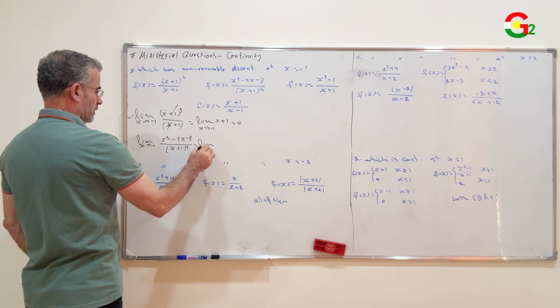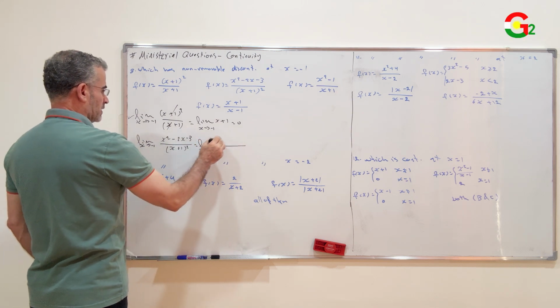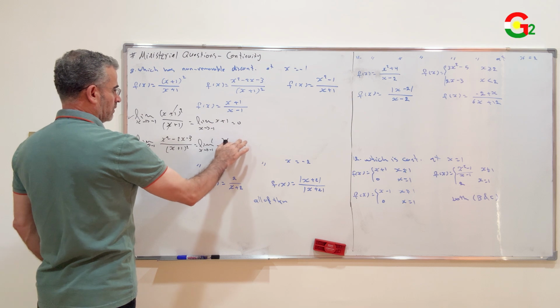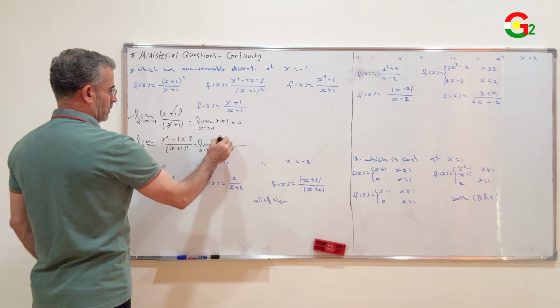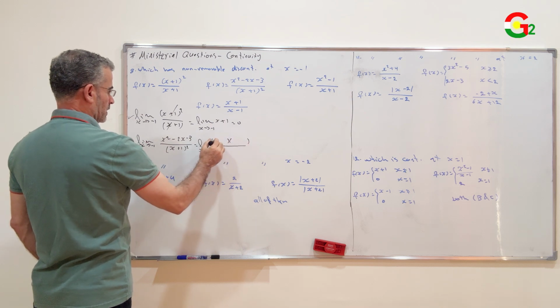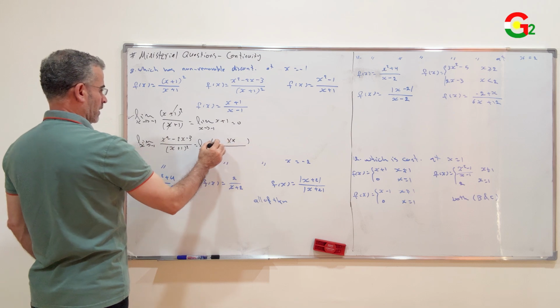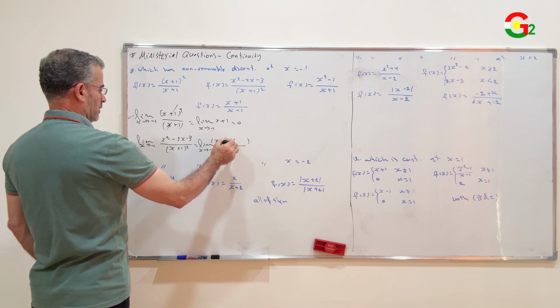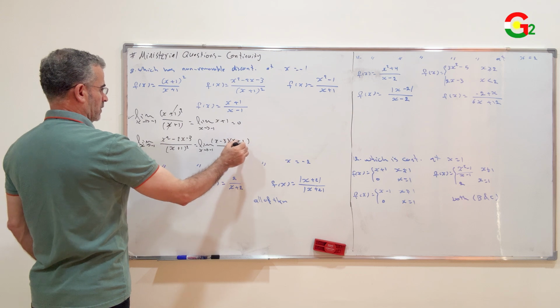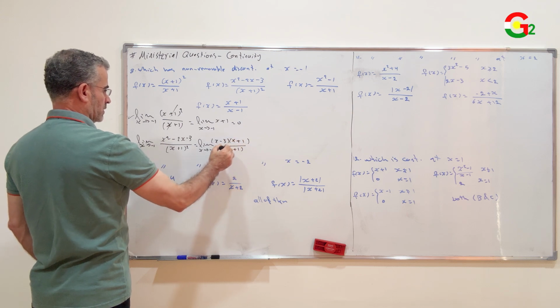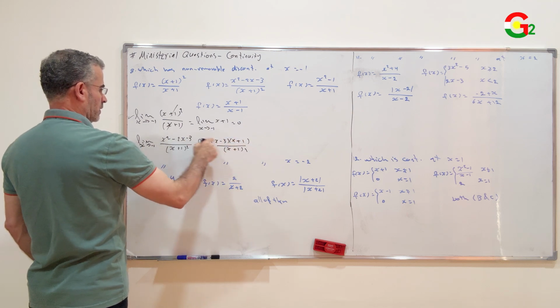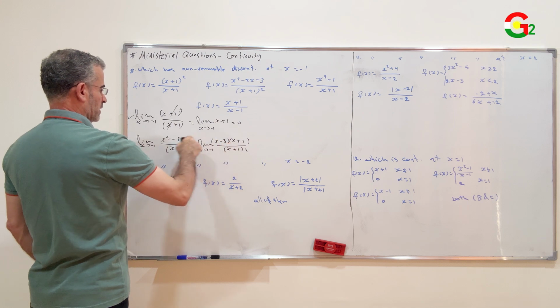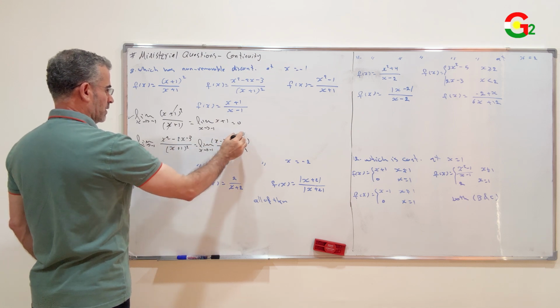Factor the numerator by experiment: x minus 3 times x plus 1 over x plus 1 squared. x squared minus 3x plus x minus 3.